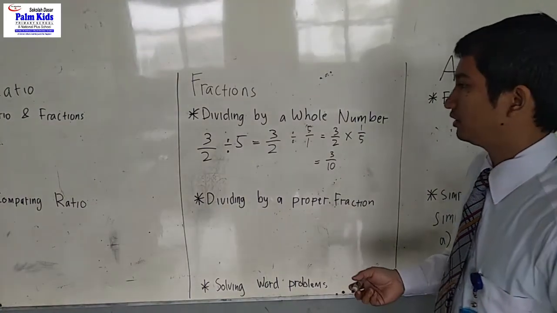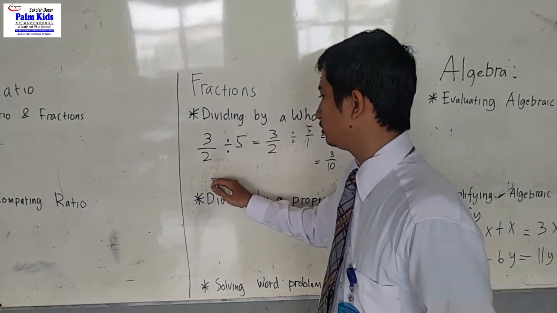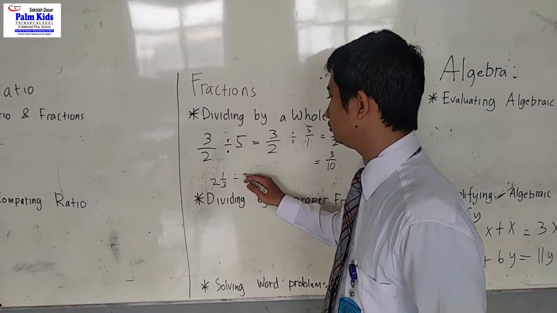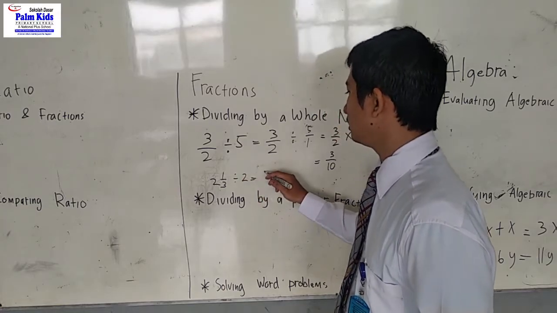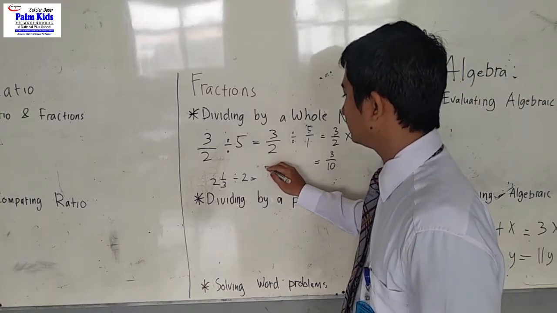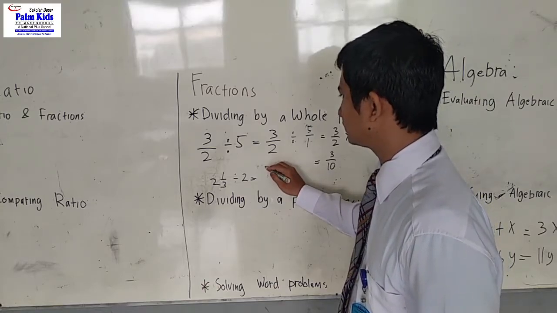And if the number is a mixed fraction, 2 1/3 divided by 2 equals to, well, you make this into a fraction.